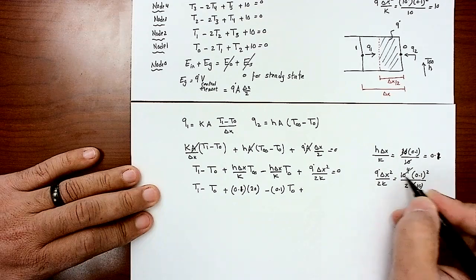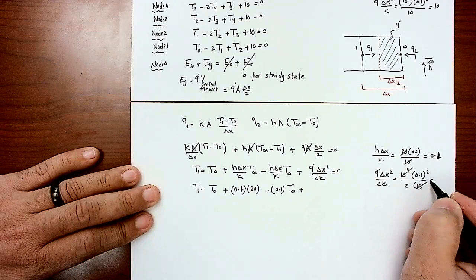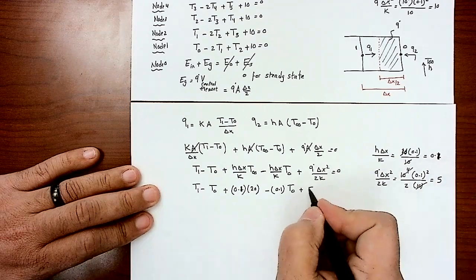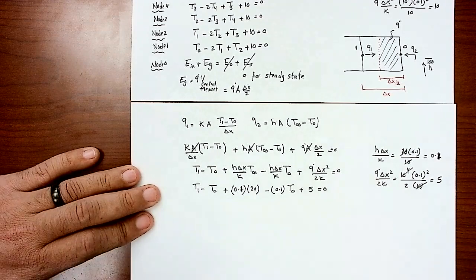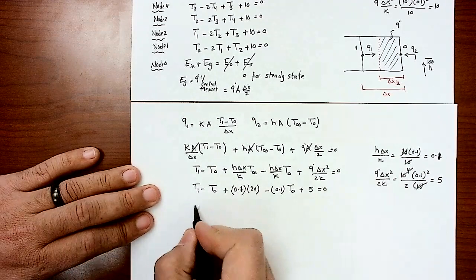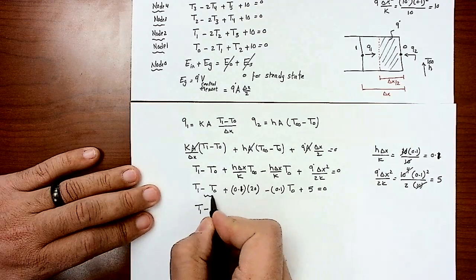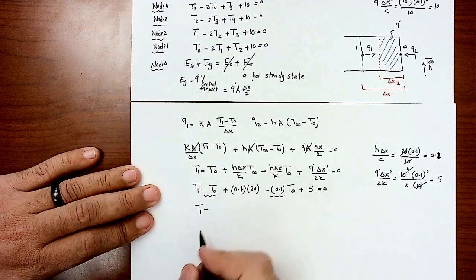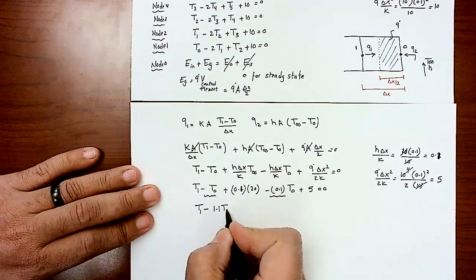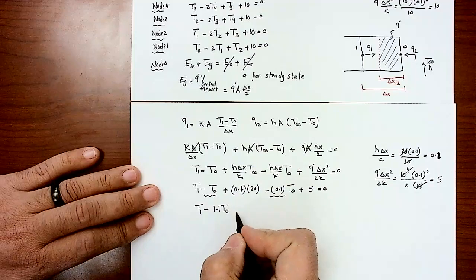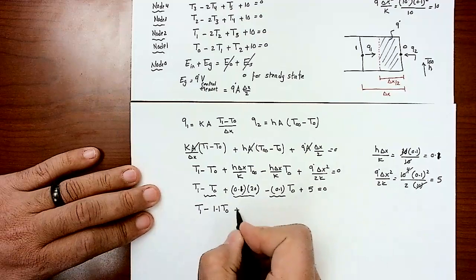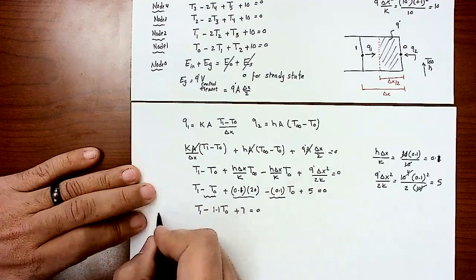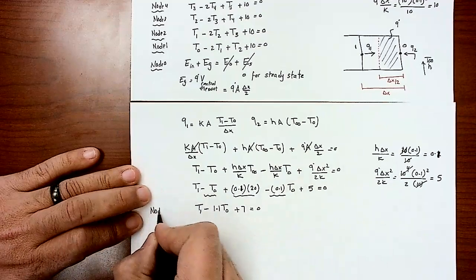Cancel with the 10, it's going to be 10 over 2, which is 5. So this will be 5 equal to 0. So what we have here, we have T1 minus T node minus 0.1 T node, so it's 1.1 T node. Okay, this will give me 2, right? Plus 5, so this will give me 7 equal to 0. And this is the equation for node 1.